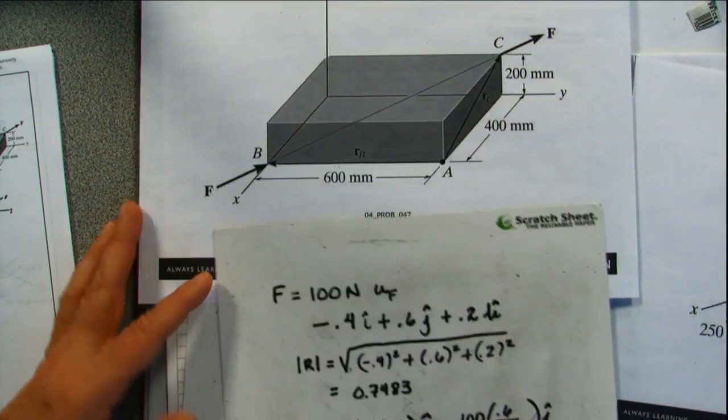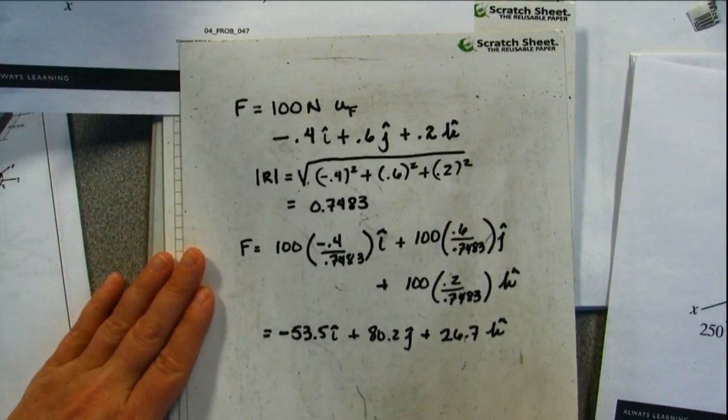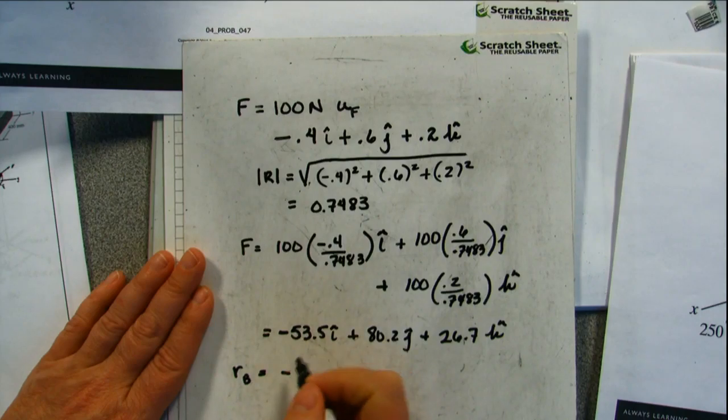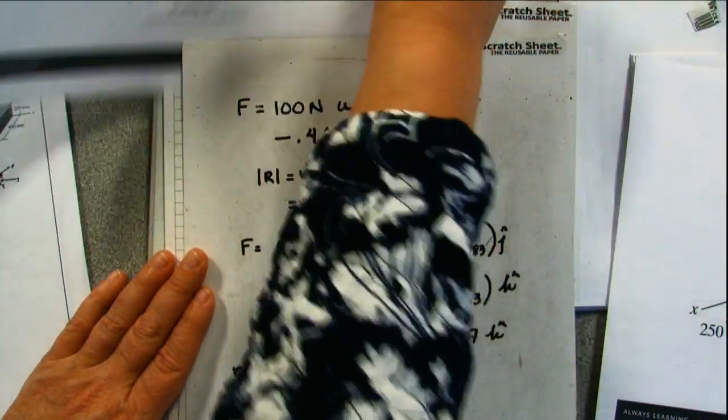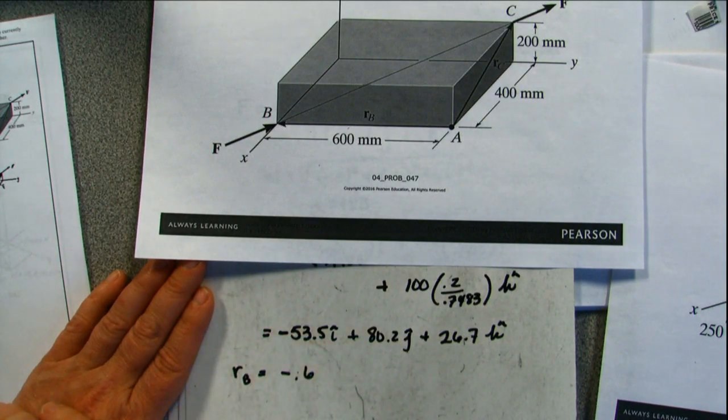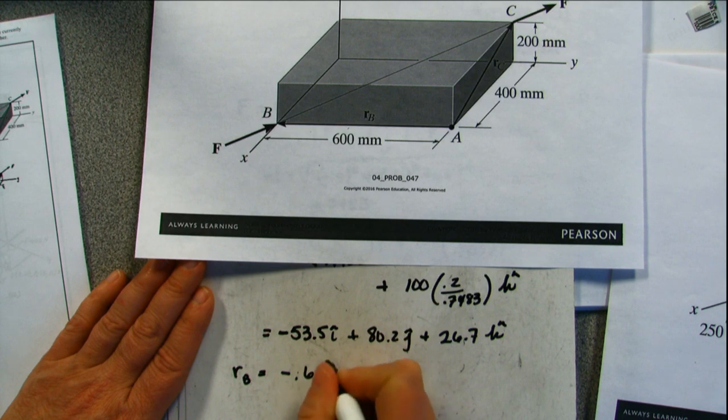All right, so I'm going to write out RB and RC. RB is just, look at the arrow in the picture, that's the first thing. RB is going to be minus 0.6 in the j direction.